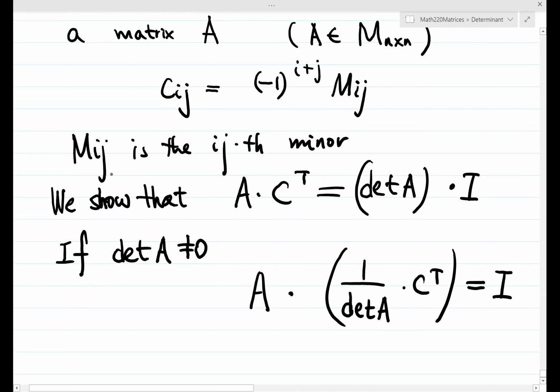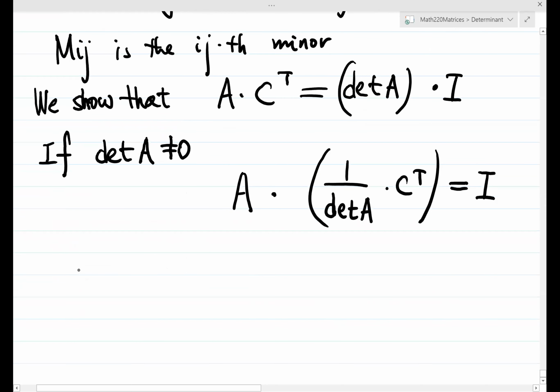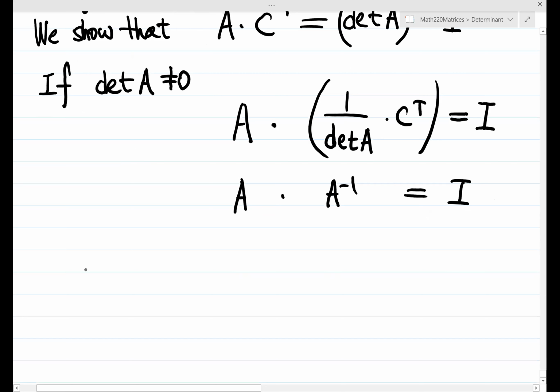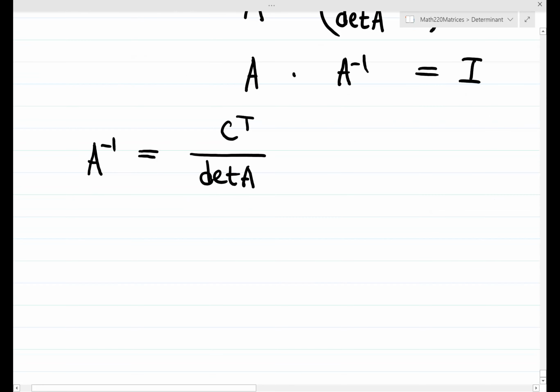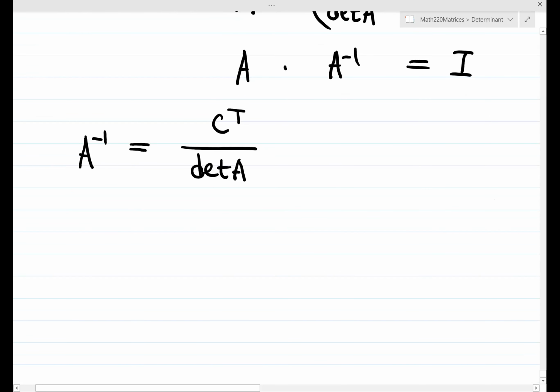So this gives a possible choice for the inverse. Since A times A inverse is the identity, A inverse is C transpose over the determinant of A. This is not difficult to show.